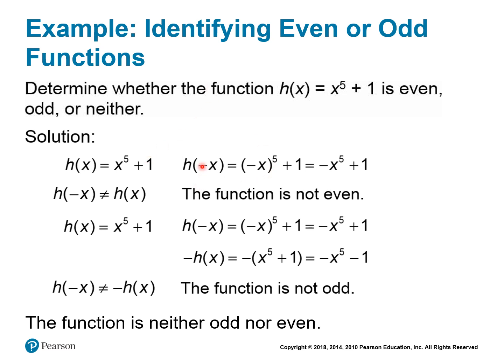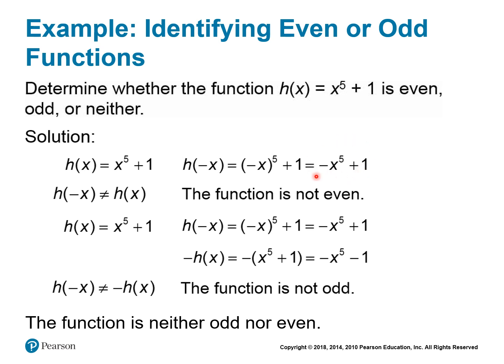So we do this evaluation and now we have negative x to the fifth plus 1. When a negative value is raised to an odd power, it is a negative value. So we get negative x to the fifth plus 1.